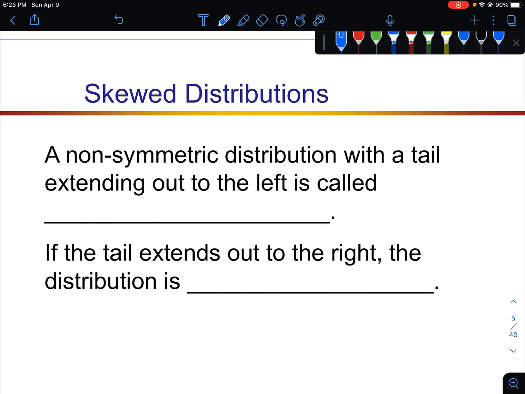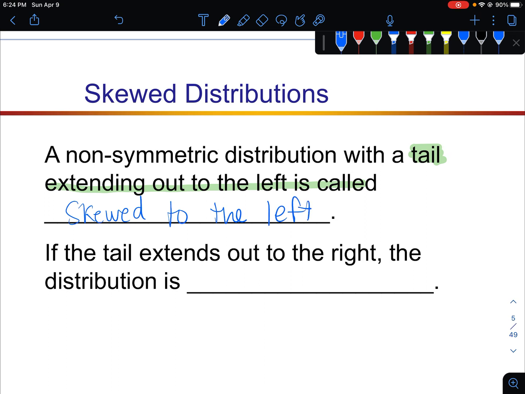So when we talk about distributions that are not symmetric, we have to describe how the data is falling. It gets a little confusing, but we'll talk about it on the next page. When the tail is extending to the left, we call this skewed to the left.